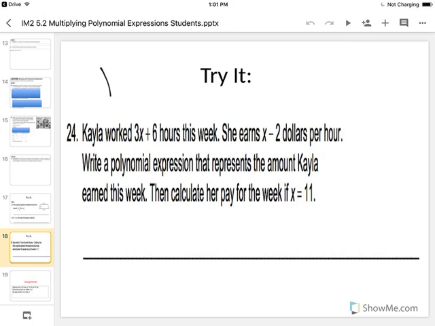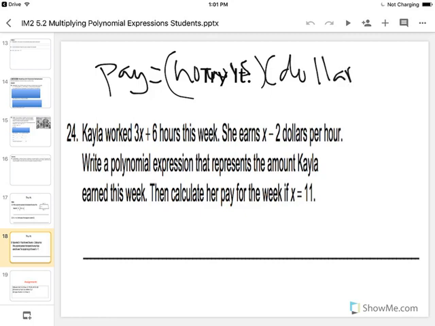So we can calculate the pay by the hours times the dollar amount. So her pay would be 3x plus 6 times x minus 2.